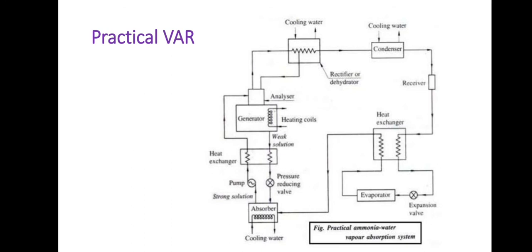Second, we are using the analyzer and rectifier to avoid water vapors being supplied from the generator to the condenser. So this is the difference between the simple and practical vapor absorption refrigeration system. Okay, thank you.